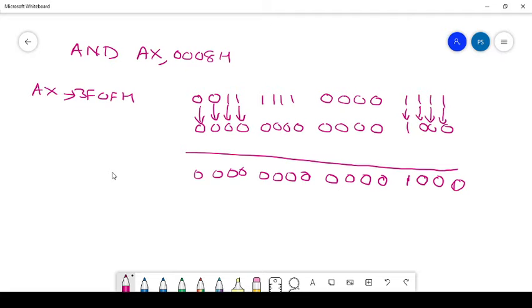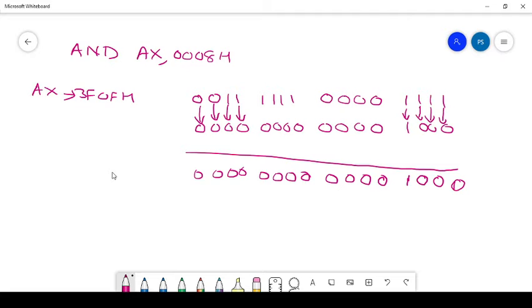What is A? A means 10, that is 1010. 2 means 0010, 3 is 0011, 5 is 0101. So the AND means bit by bit, and then 1 AND with 1 is 1, and so on for each bit.